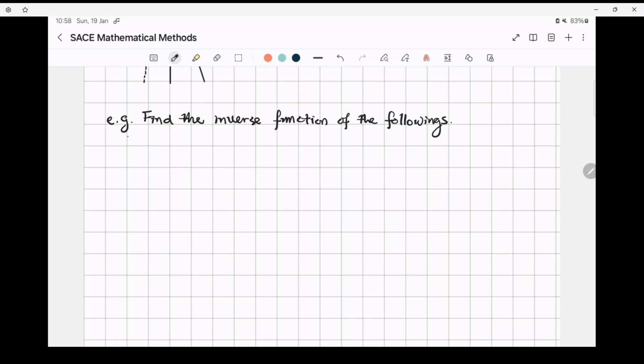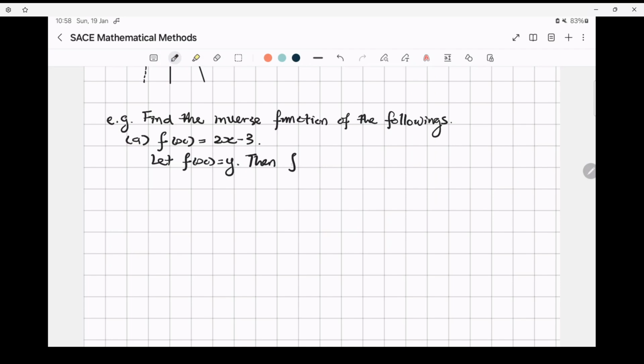Let's say your f(x) is 2x minus 3. The procedure for finding the inverse is usually to let f(x) equal y first.